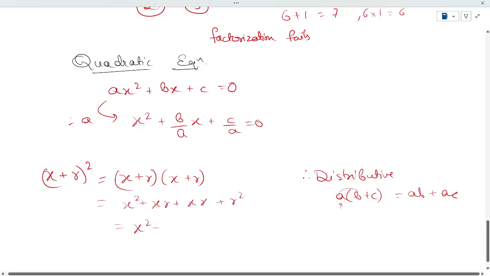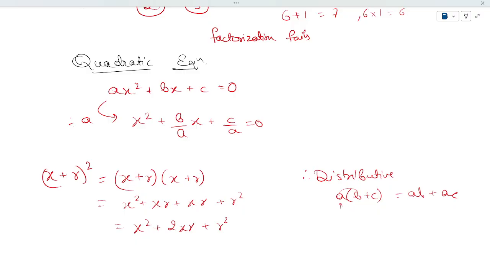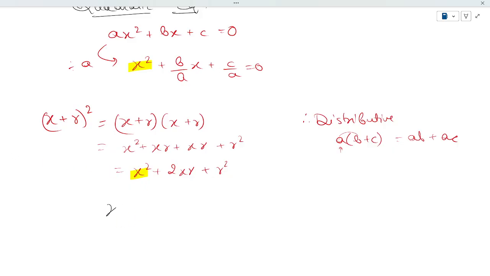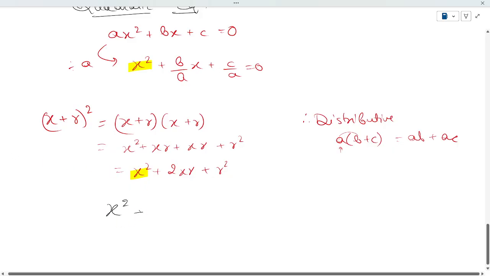Here we have x square plus 2xr plus r square. So what we can do here is, if we take x square corresponding to x square, plus we need to have 2xr here.